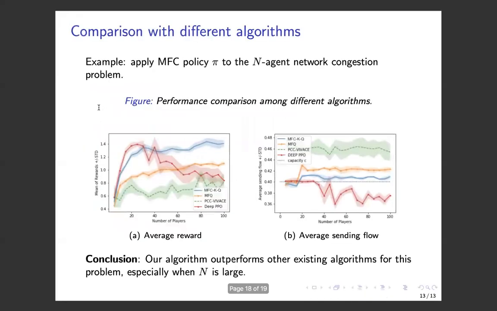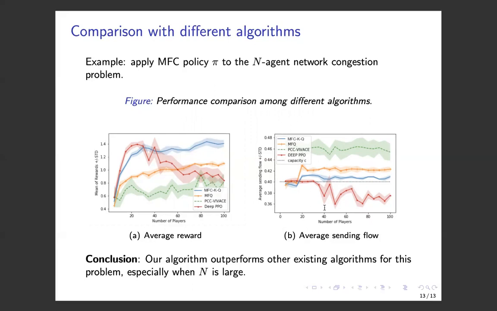And in a numerical experiment, we come back to the network congestion problem we defined at the very beginning of the talk. And we apply the mean field control policy we learned back to the n-agent version of the network congestion problem. You can see the performance of our algorithm is much better than other previously proposed algorithms for this problem, especially when the number of players is large.